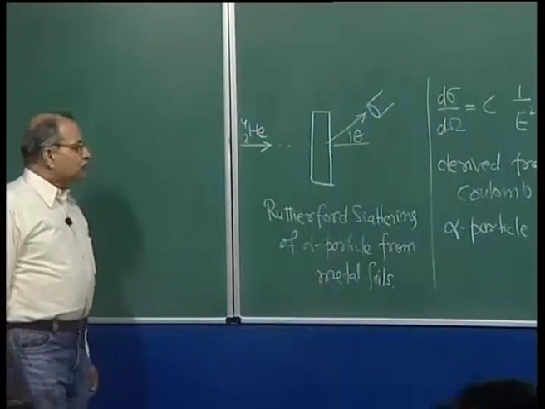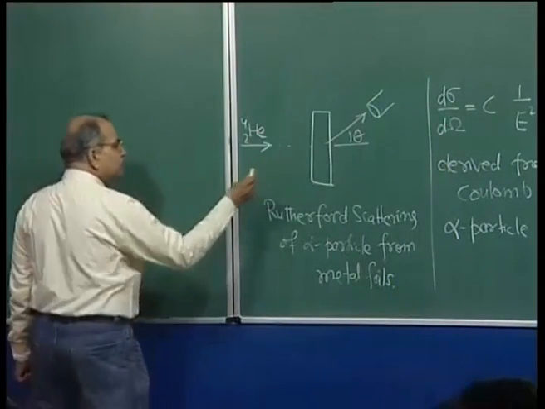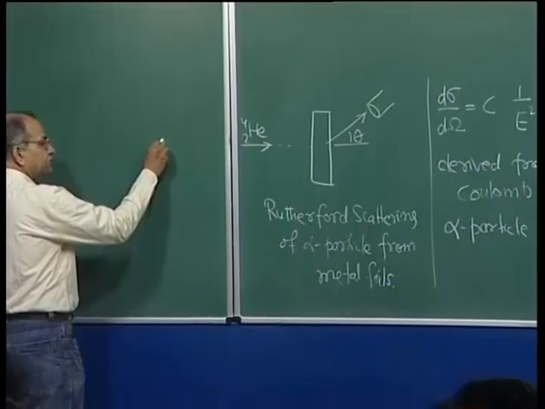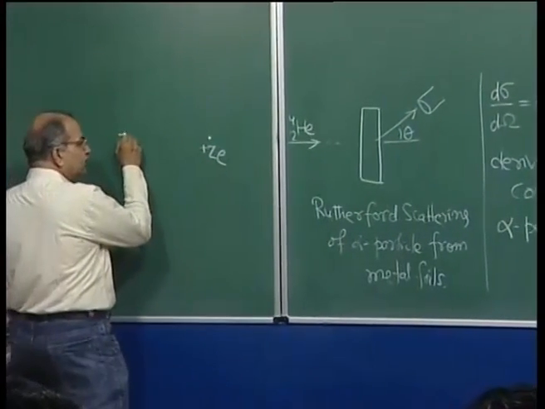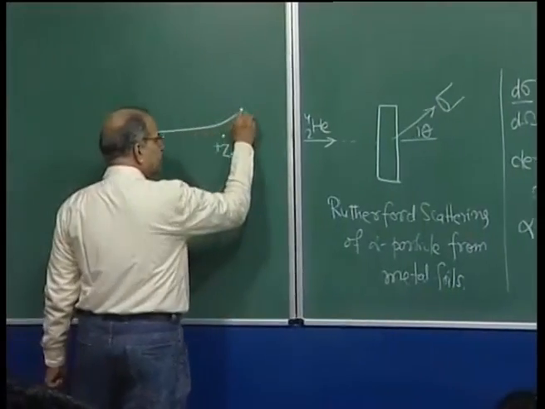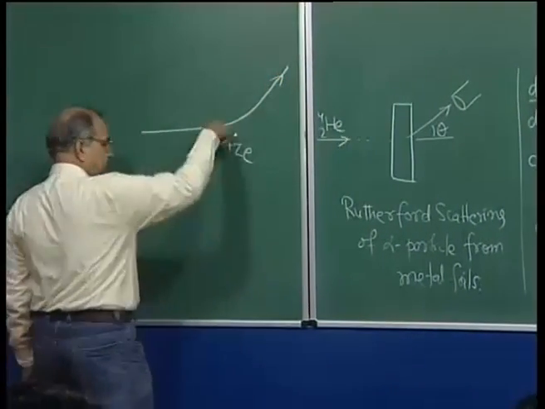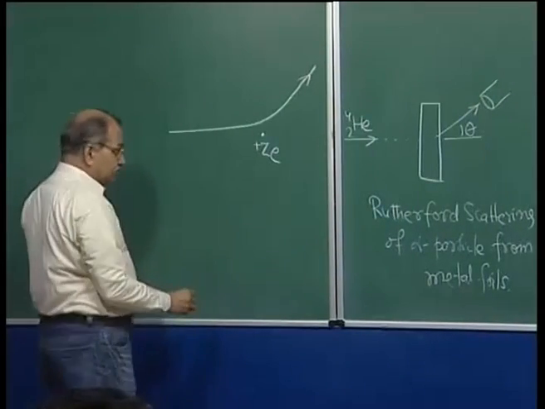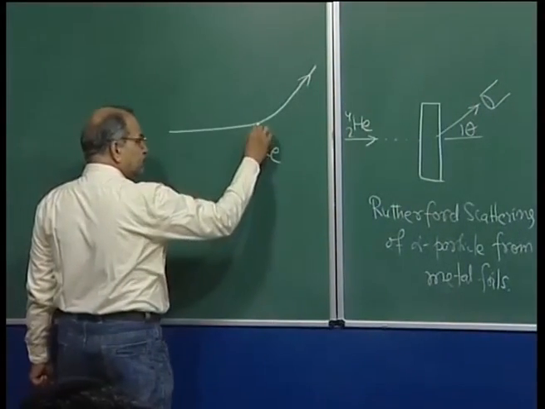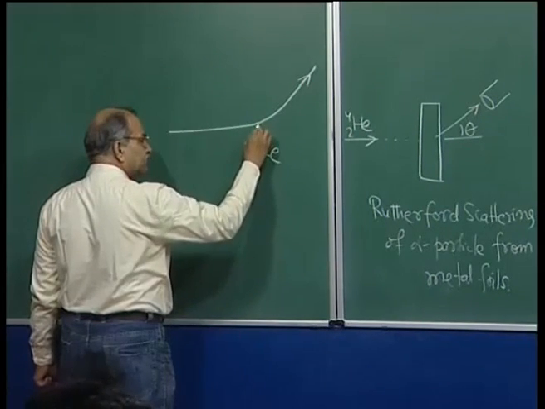So, if you think of a particular event where you have a nucleus here of charge plus Ze, a particle is coming here and then it is getting deviated. This is that hyperbolic path, you know all that geometry can be done. I am interested in finding this minimum separation here.